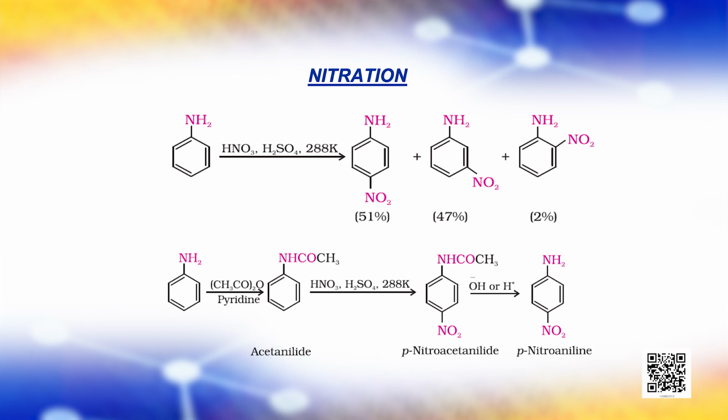That is why, besides the ortho and para derivatives, a significant amount of meta derivative is also formed. However, by protecting the NH2 group by acetylation with acetic anhydride, the nitration reaction can be controlled, and the para-nitro derivative can be obtained as the major product.